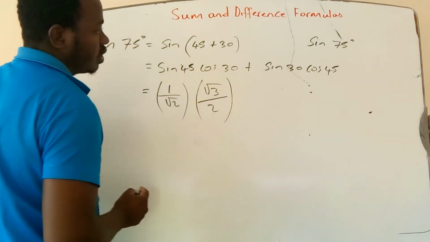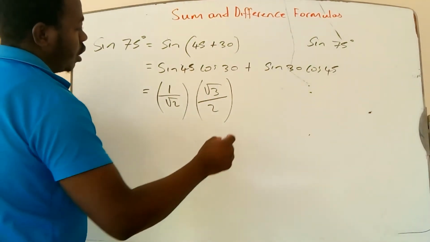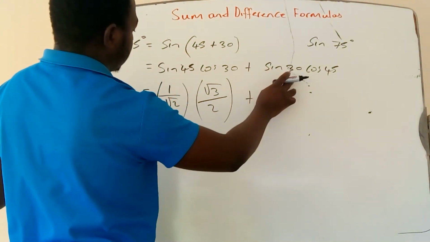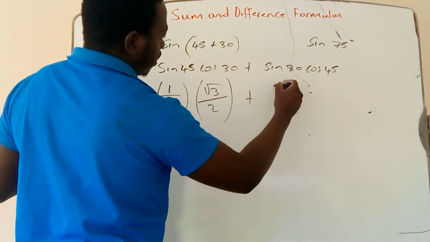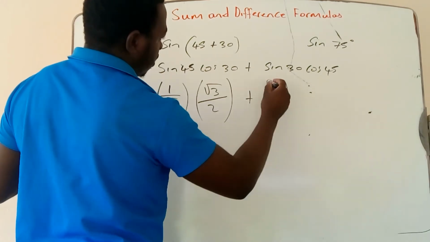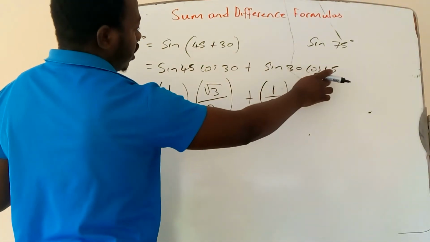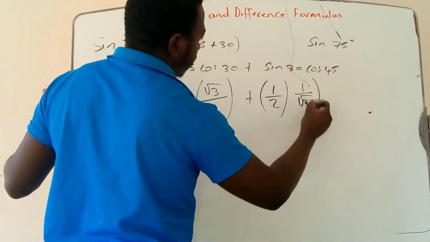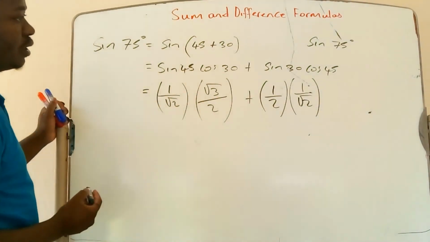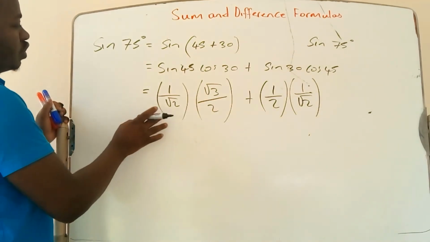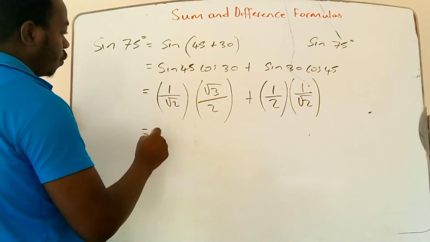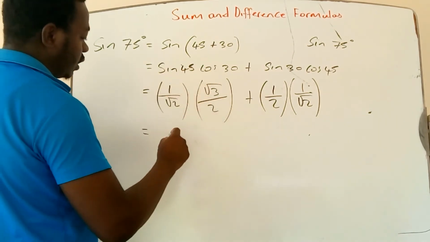Plus sine 30. What is sine 30? Sine 30 is just a half. What is cos 45? Cos 45 is just 1 over root 2. Now all you need to do is multiply. These are two fractions, so 1 times root 3 is just root 3.